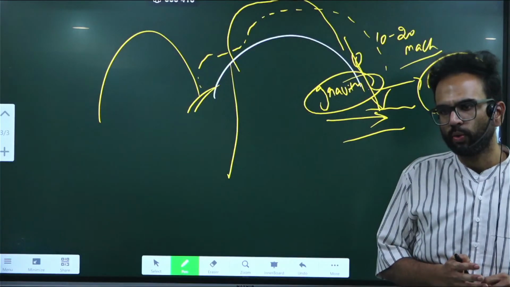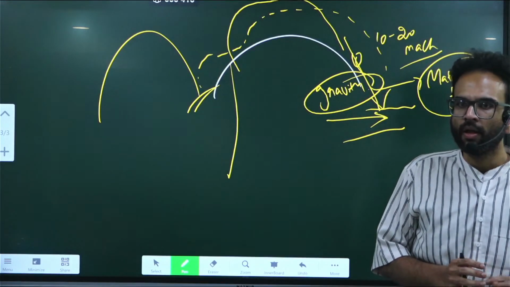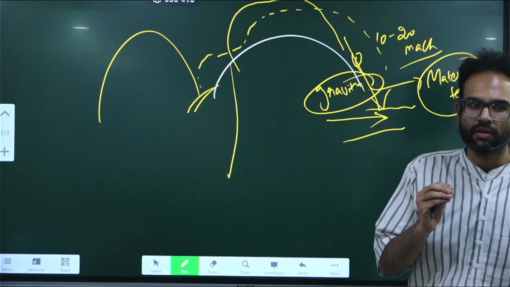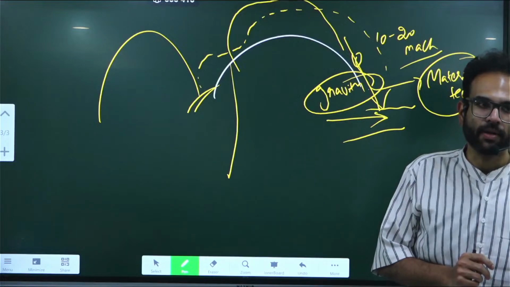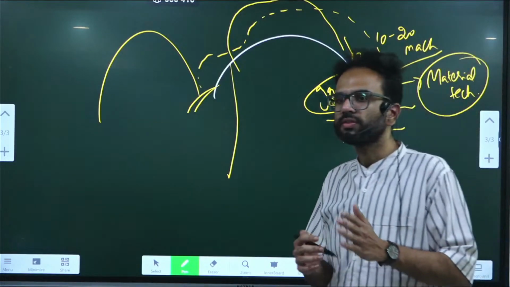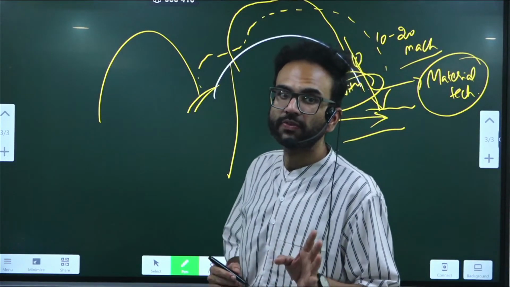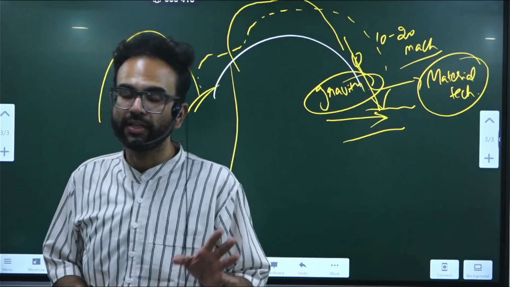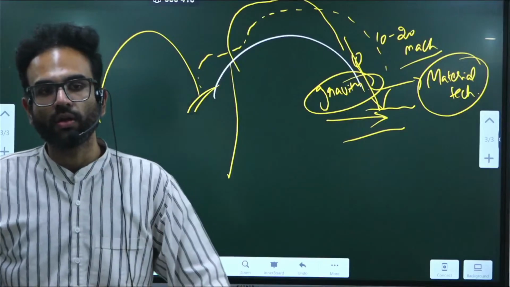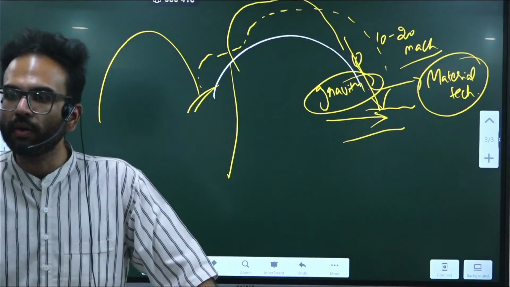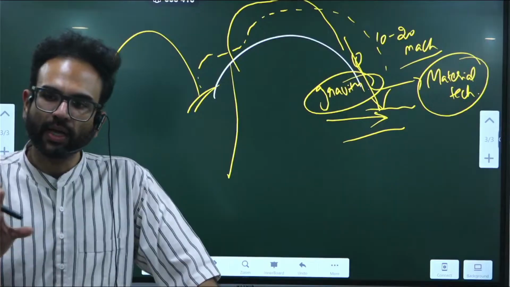like Russia. Okay, so you are talking about hypersonic missiles. Always remember, the defense discourse classification is not based on speed. It is based on control, the extent of maneuver, how easily you can control it.